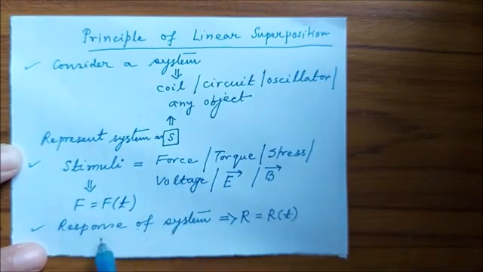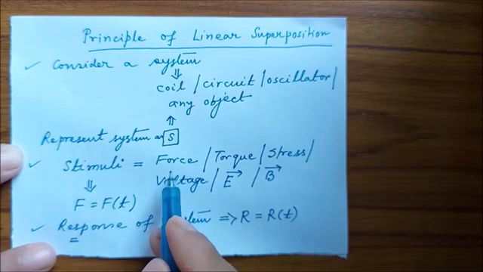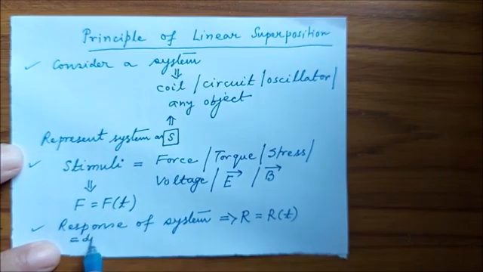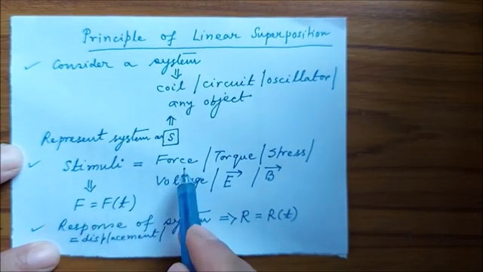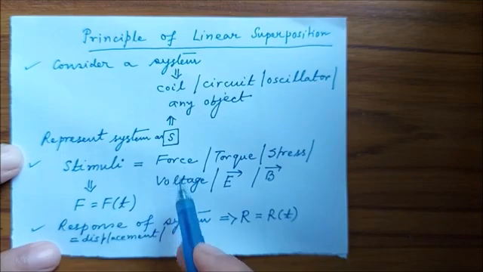So the response might be, if force is applied, that is if a system is pushed linearly, then it will suffer displacement. So displacement is response when stimuli is force. So this displacement is a linear displacement.